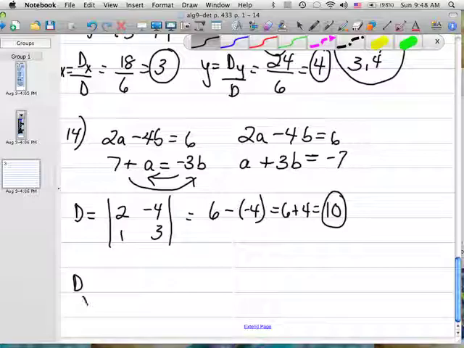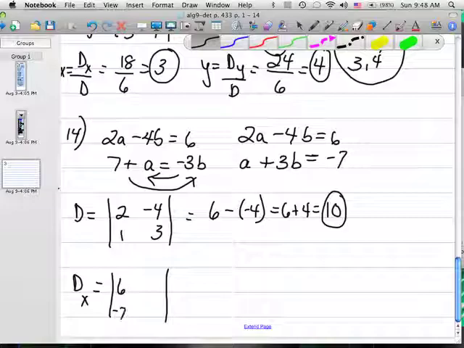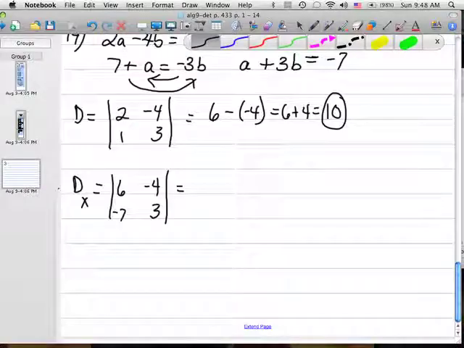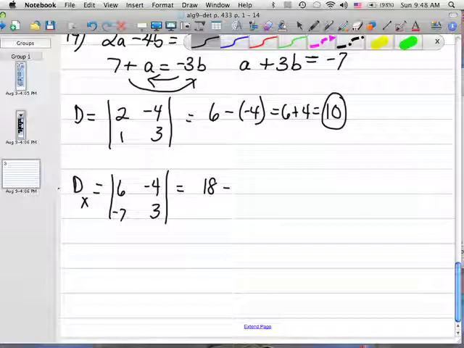The determinant for the x value is, since we're looking for x, we put the 6 and -7 in that column, or the a column. And b stays the same, -4, 3. I'm just going to continue using x and y. 6 times 3 is 18, minus -7 times -4, minus 28.